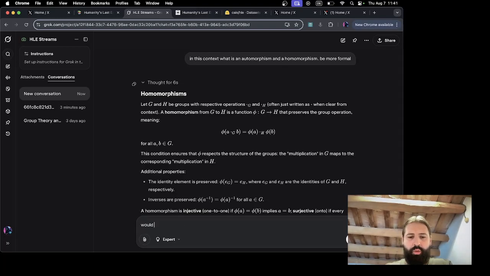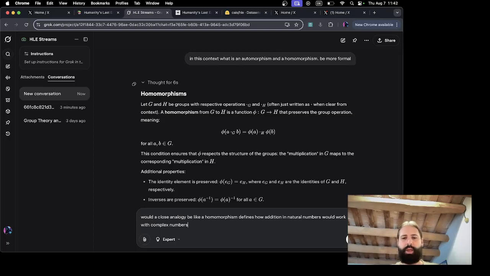Would a close analogy be like a homomorphism defines how addition in natural numbers would work with complex numbers?